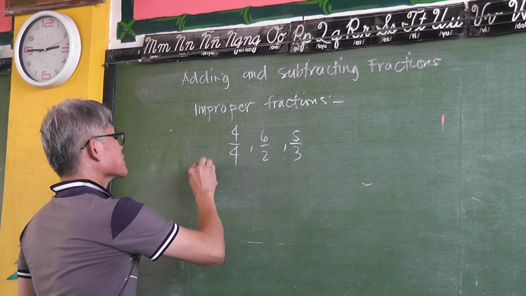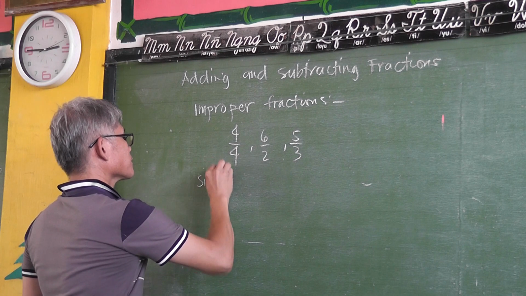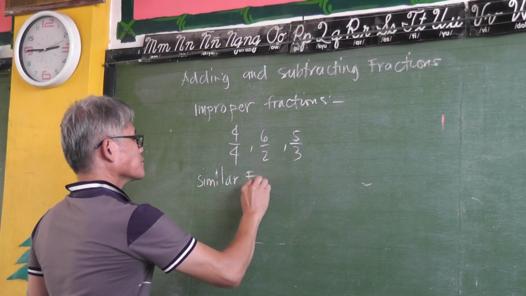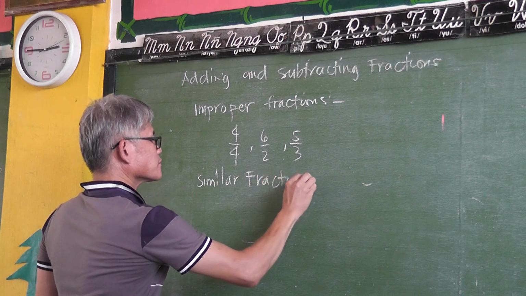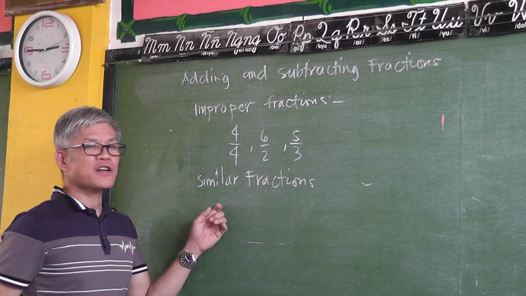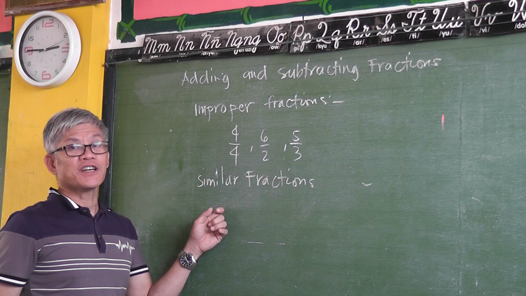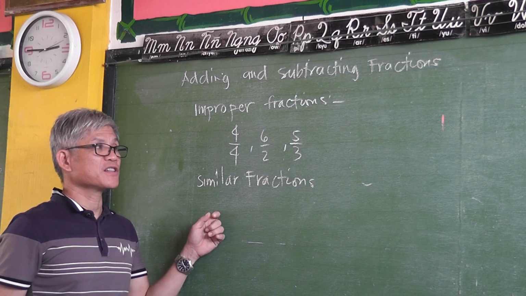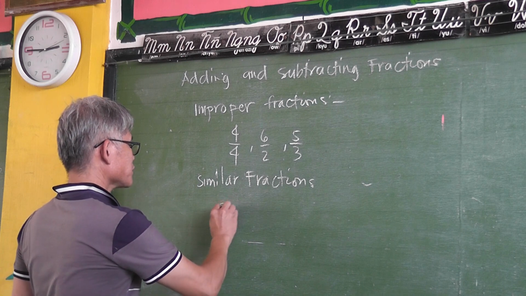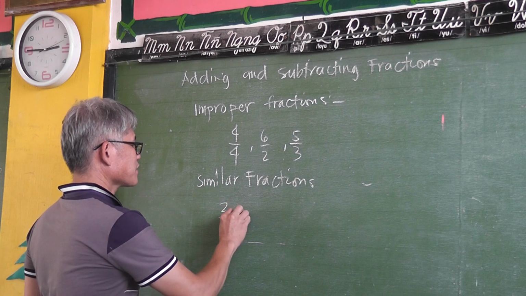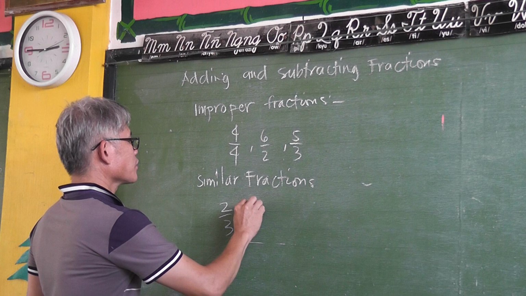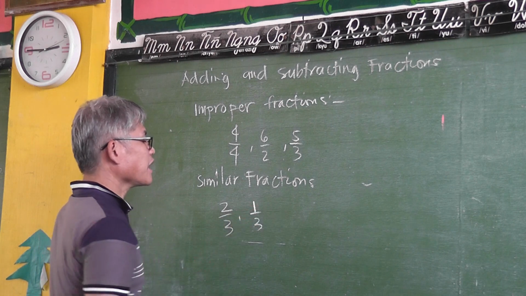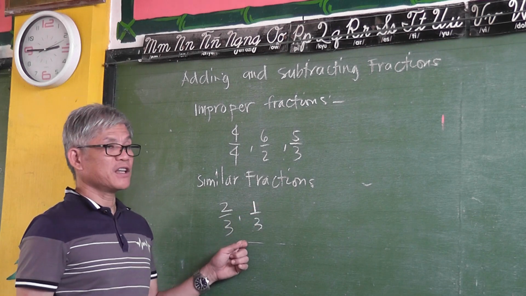Another one is similar fractions. When we say similar fractions, the numerator is lesser than the denominator. For example, 2/3 and 1/3, and they have the same denominator.